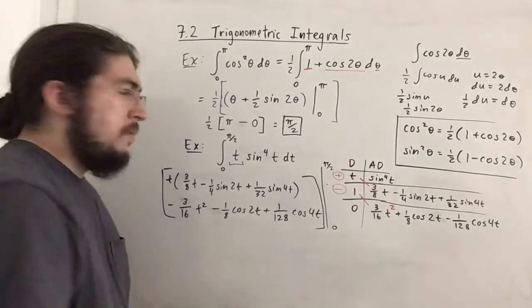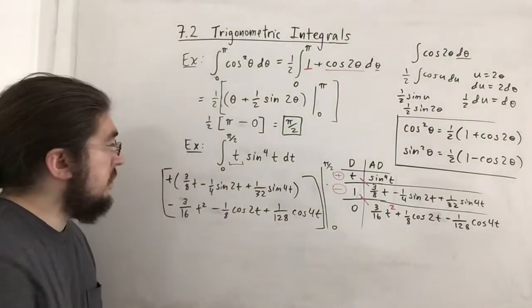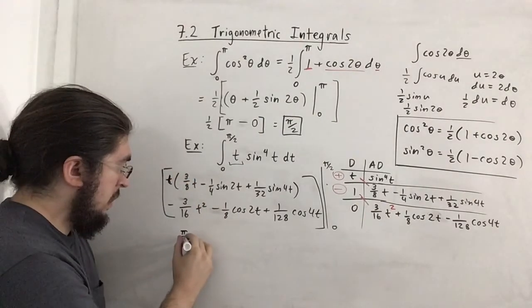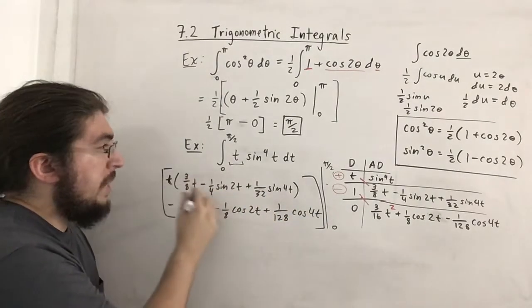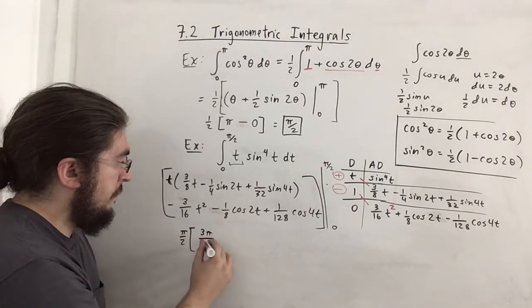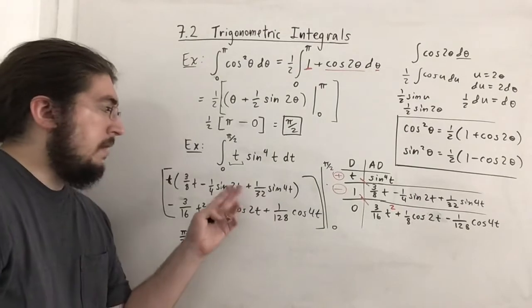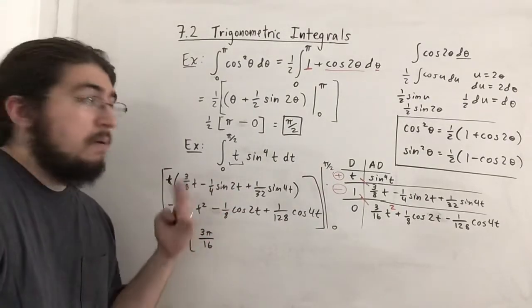Now the pi/2 part actually doesn't get too bad. Let's see what happens. If we plug in pi/2, this is going to be pi/2 times this whole thing here. Now 3/8 times pi/2 is going to be 3 pi/16. And sine of 2t when t is pi over 2, the 2's cancel, you get sine of pi, which is 0.